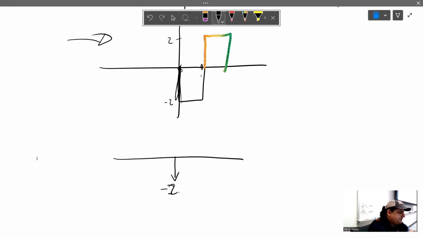Then from 0 to 1, it's 0. And then at 1, it jumps 4 units up.